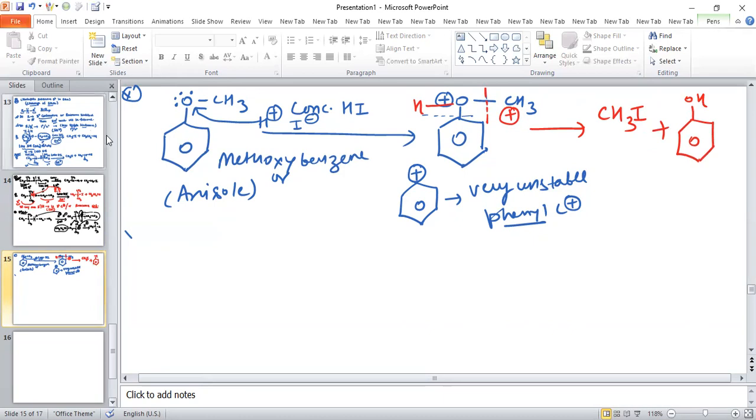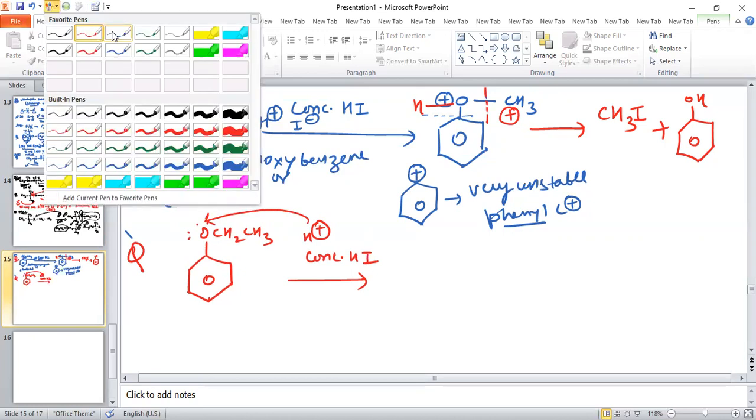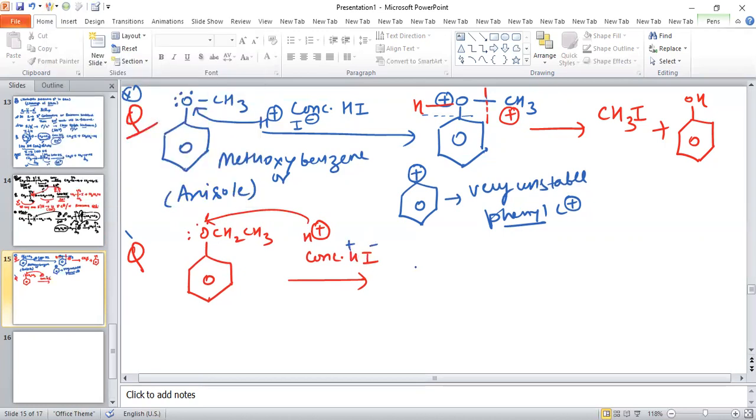Now see another question related to this. If the compound given is like this, OCH2CH3, and we add conc HI, then the same steps will be followed. H plus will attack on this oxygen, H plus and I minus.